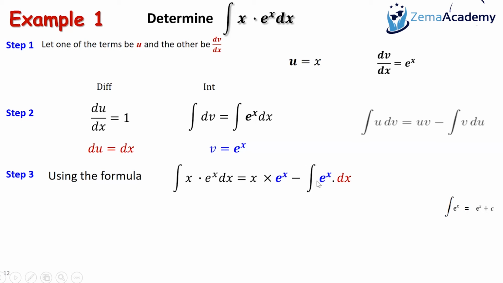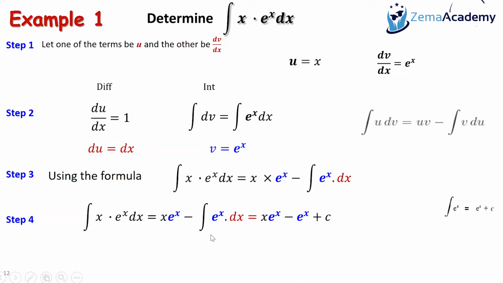Minus integral v, so the v value is coming from here, and the du value is coming from here. So all I have done is place my function values in the standard formula, and now I can simplify. This x multiplied by e to the power x will become x e to the power x minus, and what is the answer of this integral e to the power x? The answer to the integral of e to the power x is again e to the power x plus c.